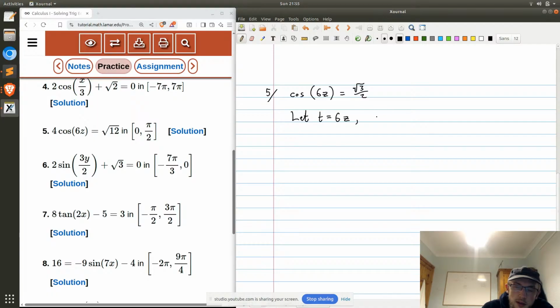Okay, so that's 30 degrees, but I know they don't like degrees, so it's very frustrating working in radians. Pi over 6. Two pi take away pi over 6 is 11 pi over 6.